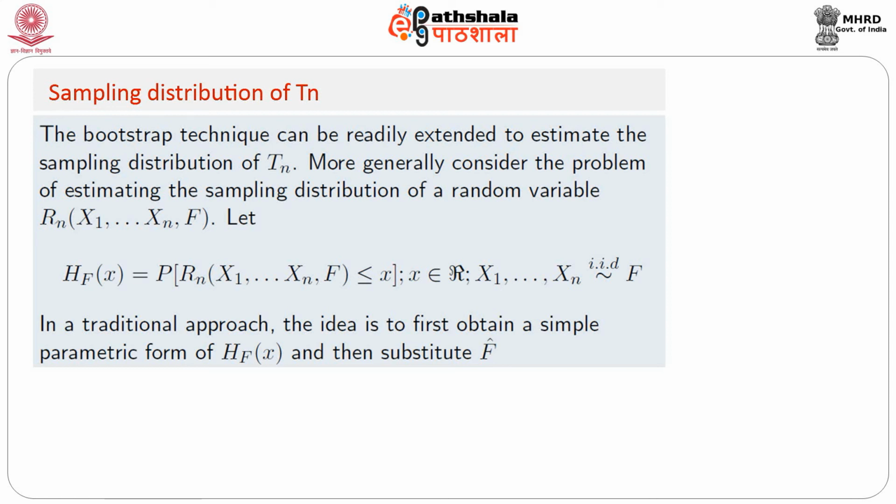More generally, consider the problem of estimating the sampling distribution of any random variable, say Rn(x1, x2, ..., xn, F), with empirical CDF H_F(x), the probability that Rn(x1, x2, ..., xn, F) is less than or equal to x for some x which belongs to the real line R, where x1 to xn are IID F. In the traditional approach, the idea is to obtain a simple parametric form of H_F and then substitute F hat.